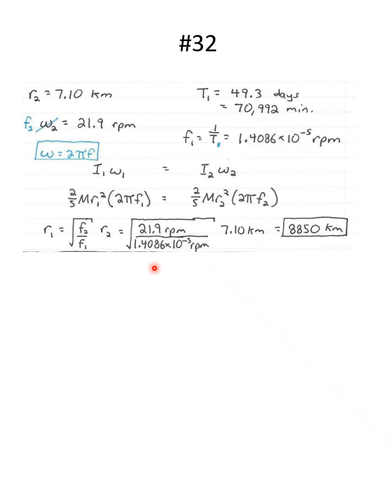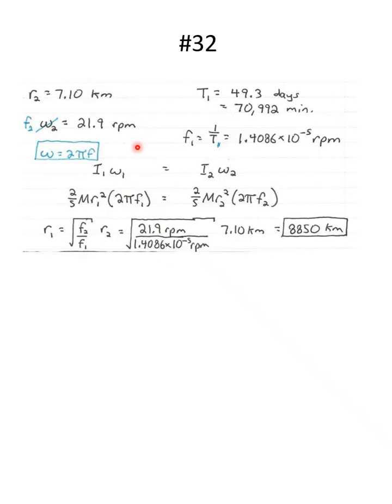And I think back to up here when I chose to do it in minutes and RPM. I chose that because the final frequency was given in RPM. It really doesn't matter what units you use. It could have been radians per second. It could have been revolutions per second, revolutions per minute. Just be consistent with the units.